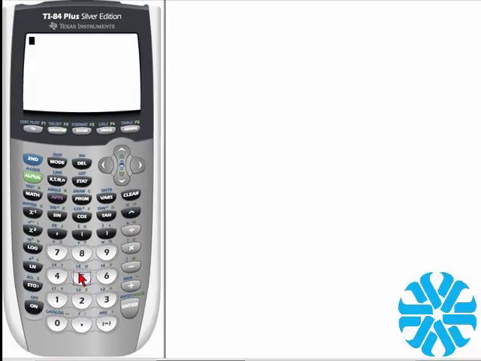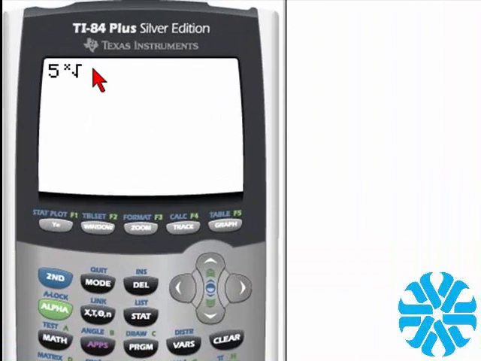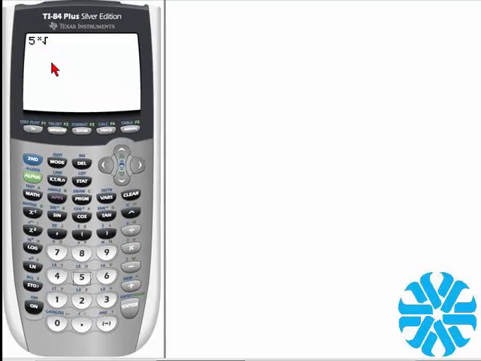So if we put the fifth root and then select math, and we hit number 5 to get that nth root, notice that the parenthesis is not automatically put in for you. So you would have to manually put it in, and then everything after that parenthesis will be assumed to be in the radicand.